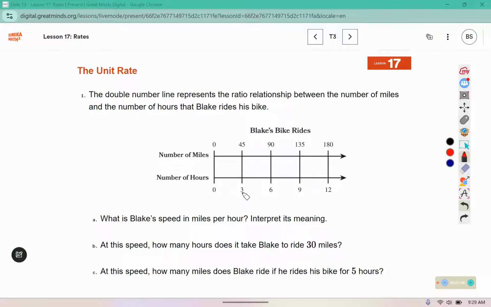Here I have 3 hours, but if I split it up to figure out how many miles per hour, we would want to know how many miles in 1 hour. 45 split into 3 sections is 15. 15, 30, 45. So he can go 15 miles in 1 hour.